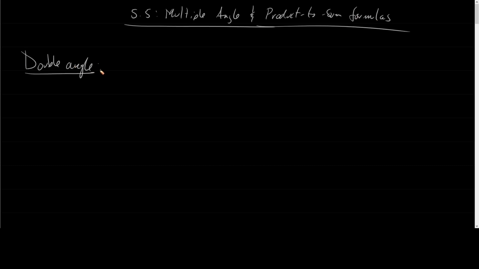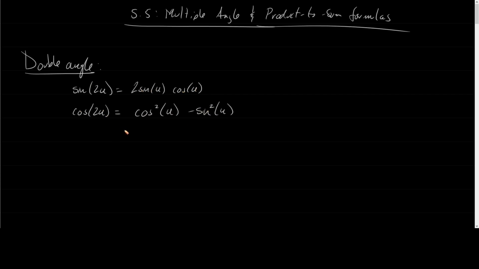All right. And those are the following. We have sine of 2u is equal to 2 sine u cosine u. Cosine of 2u is equal to cosine square of u minus sine square of u.